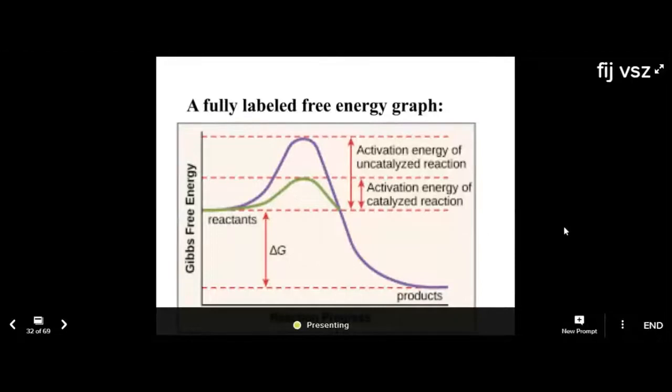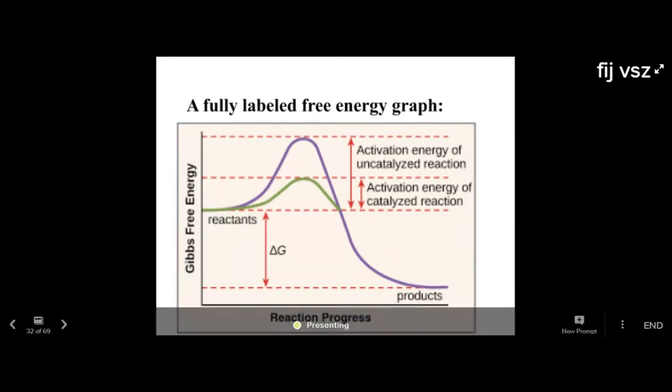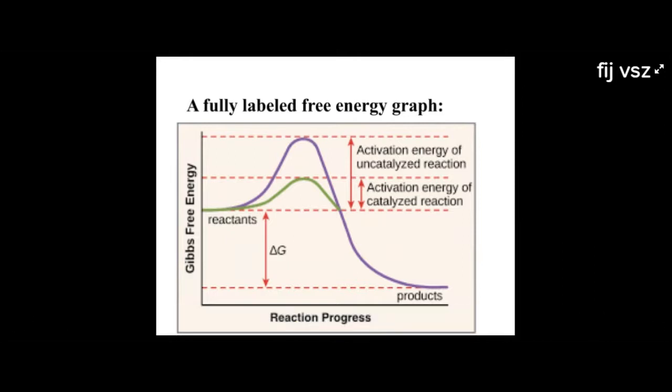Okay, so this graph is a fully labeled free energy graph, and you have a picture on the worksheet that I gave you. So if you wanted to fill in what those things mean now, you can do that. And I'm just going to leave this up for a minute. If you don't have the worksheet printed out, you can just sketch this on a piece of paper. It's pretty easy.